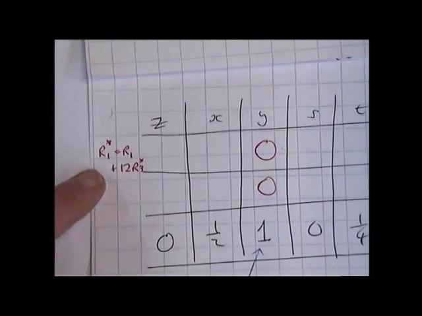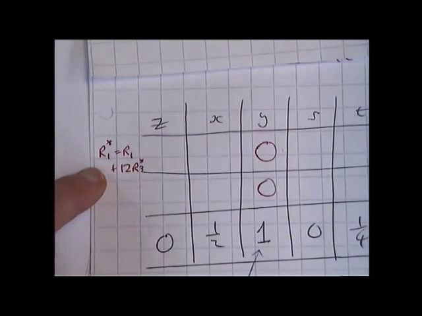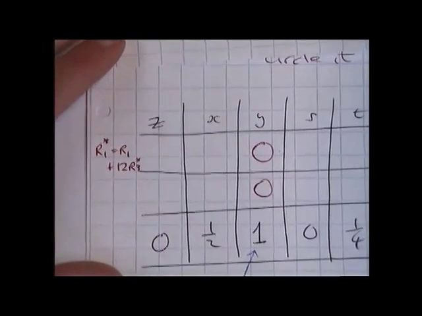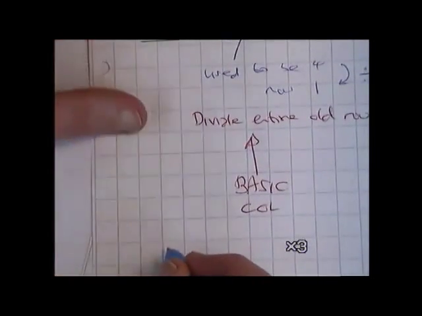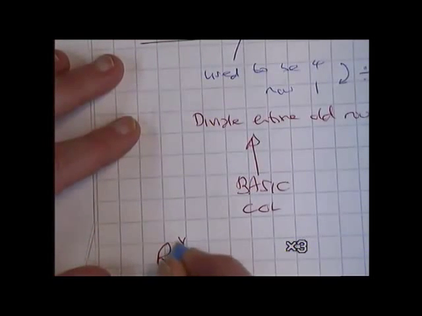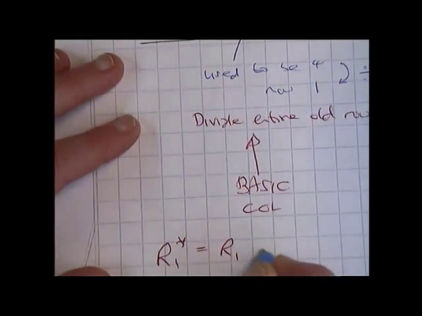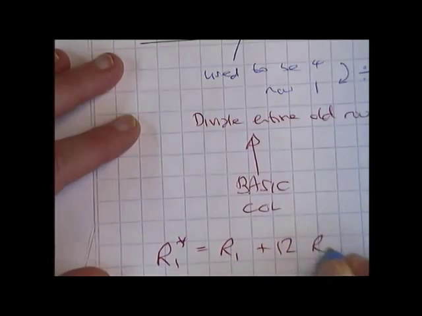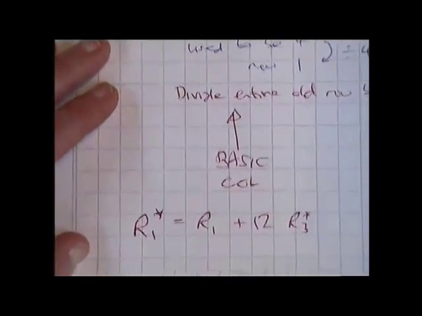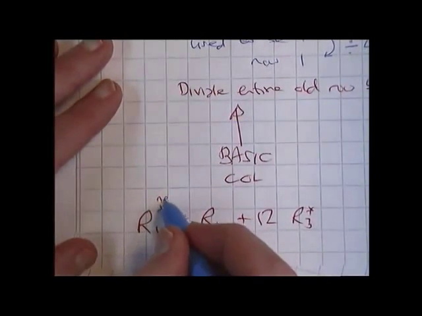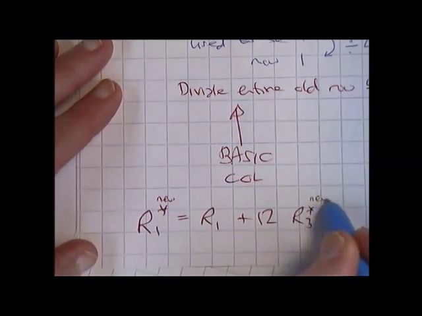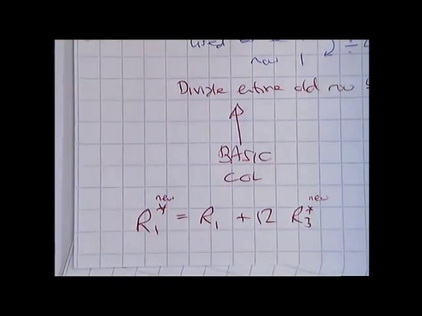So that star means a new row. If it's not starred, I mean an old row. I'm going to write that down a bit bigger: R1 star equals R1 plus 12 R3 star. The star means it's a row in my new table. If it's not starred, it means it's a row in my old table.